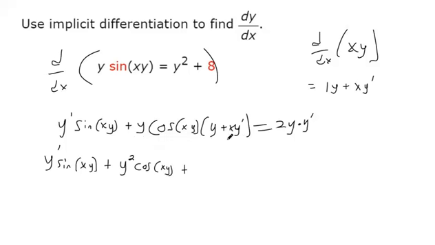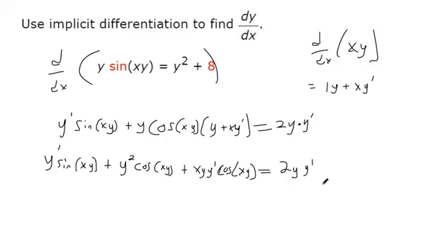And then multiply this times this, we get xy, and there's a y prime cosine xy. That equals 2 times y prime.